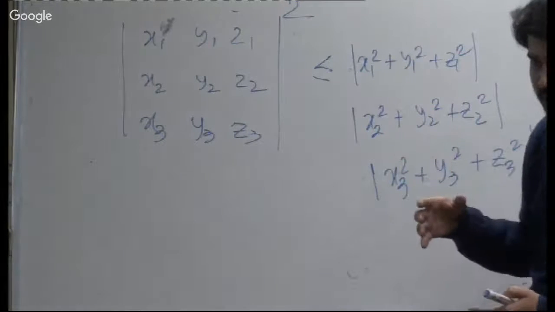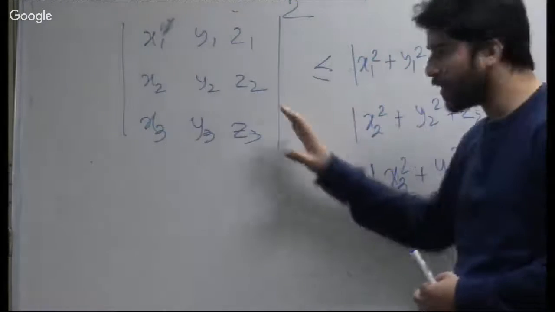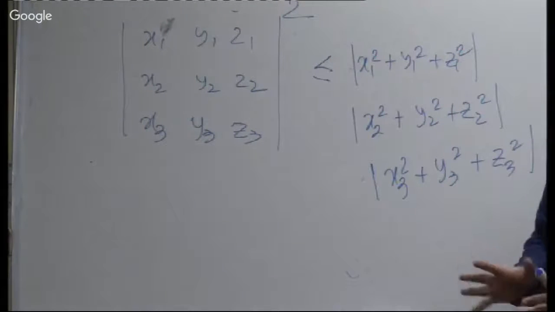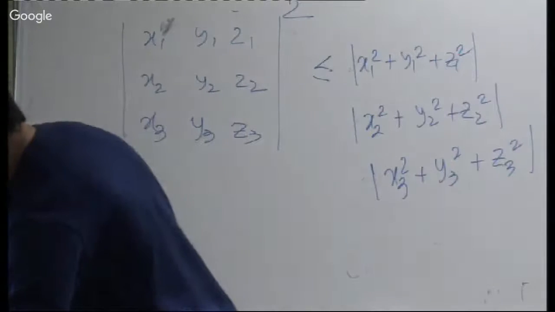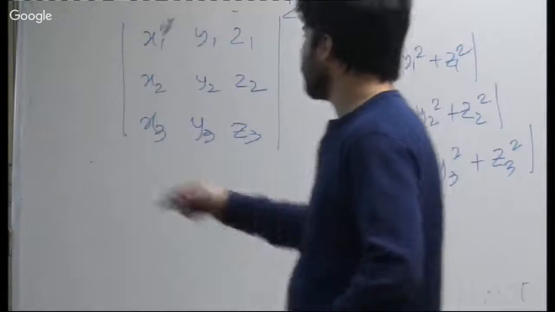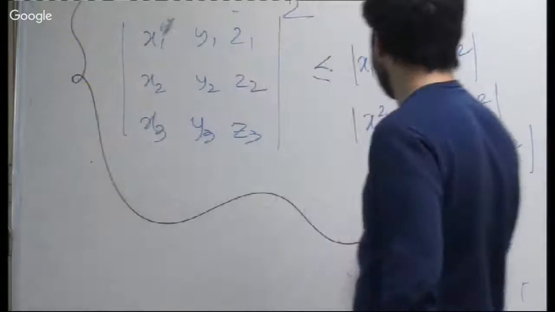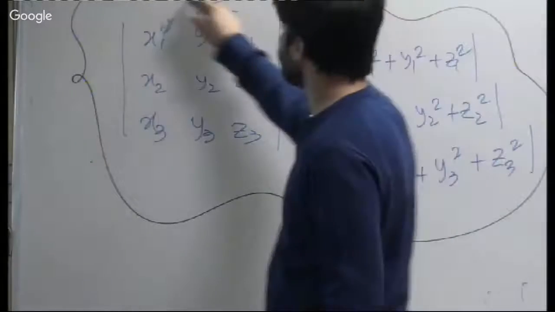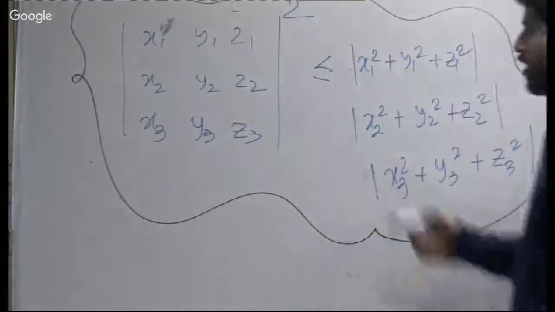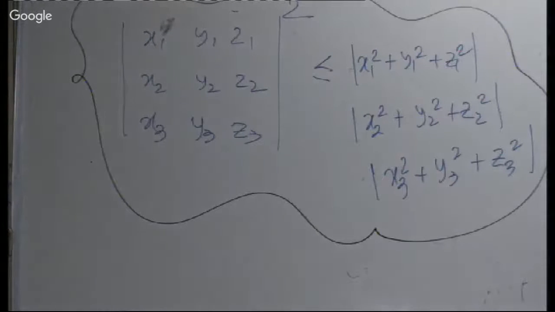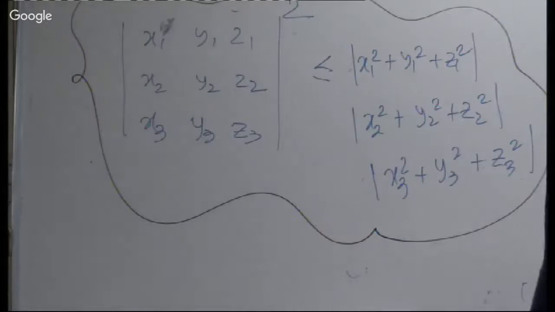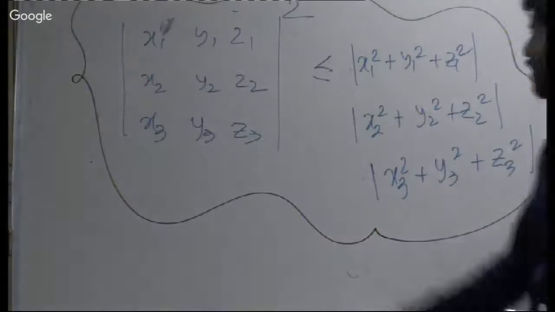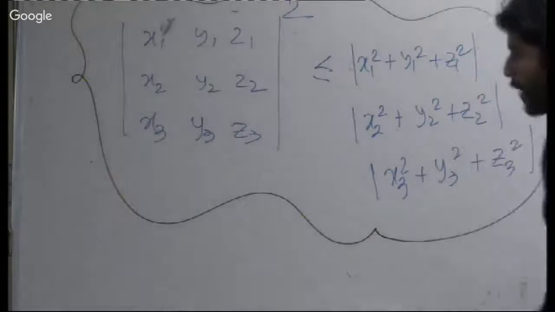This is the inequality. So it is true for any 9 real numbers, a very important inequality. Last time, from the dot product, we found one inequality for 6 real numbers, that was the Cauchy inequality, and now from the scalar triple product, with the simple concept of geometry and maximization, we have created this inequality for any 9 real numbers.